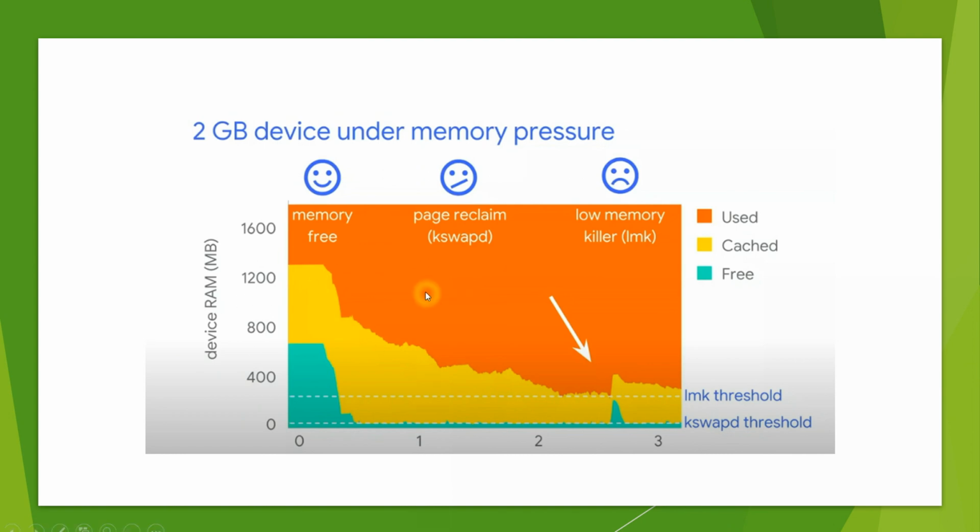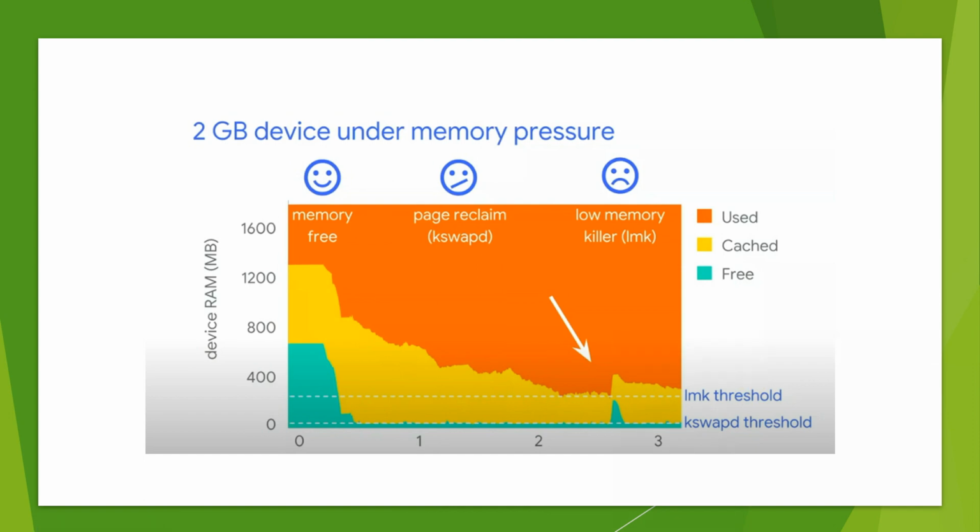This is a very bad state, right? For example, if the user is using some very important application which he cares about, the low memory killer will kill that application when there is no memory in the device. So it will just abruptly go on killing the processes.